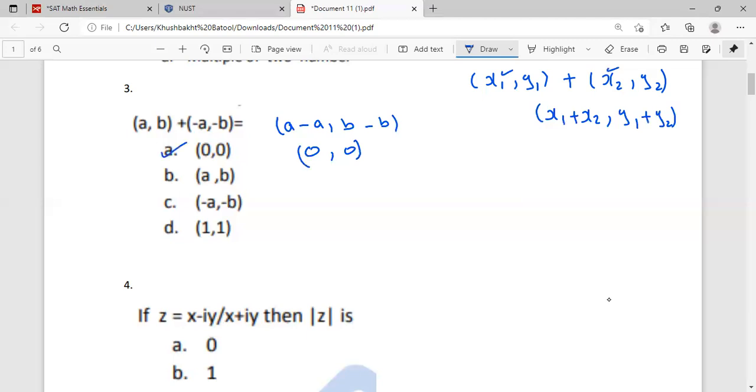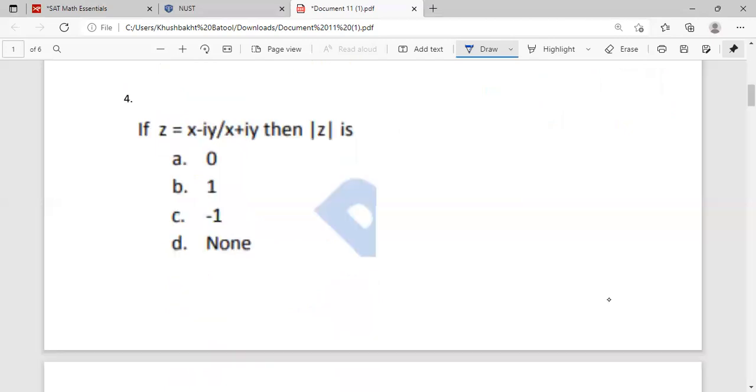Okay, let's talk about the fourth question now. Here we have, if z is x minus iota y divided by x plus iota y, now we have entered complex numbers. Then find the mod of z. Okay. Now this is a complex number, but it is not only a complex number.